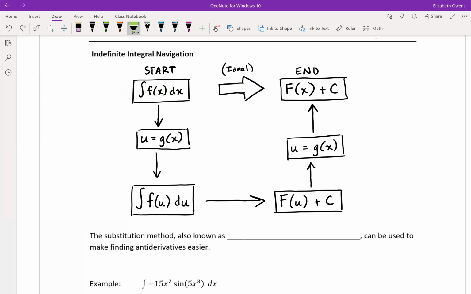But it's not always that straightforward. Sometimes you don't know the antiderivative right off the top of your head. That's totally fine. So sometimes we need to use other methods or take longer routes.